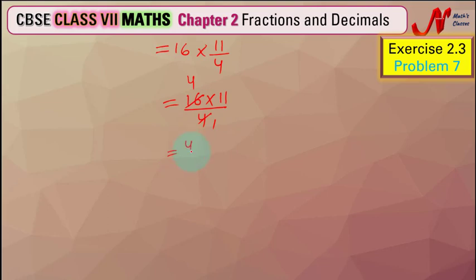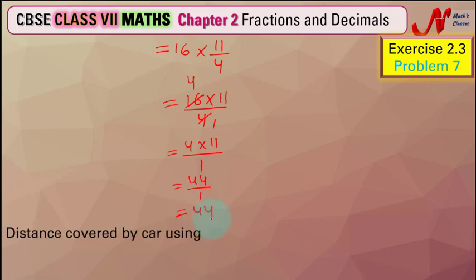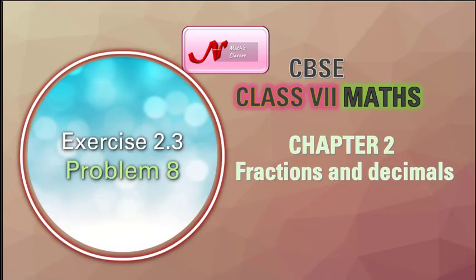We can write it as 4 into 11 by 1, which can be written as 44 by 1, which is equal to 44. So therefore we can write the distance covered by the car using 2 3 by 4 liters is equal to 44 kilometers. Now we solve exercise 2.3 problem 8.